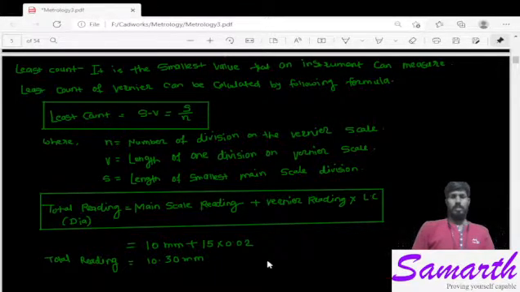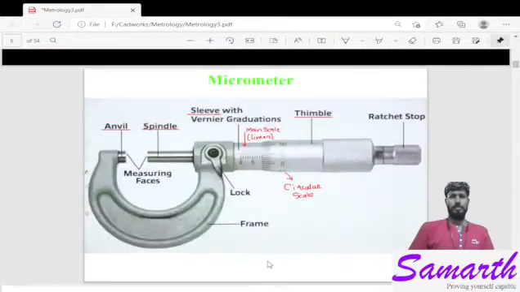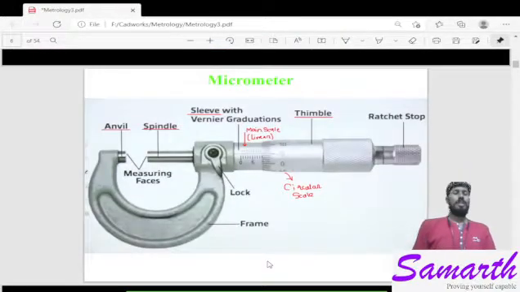So we have seen this slide. The next instrument is the micrometer. Here in the figure you can see the nomenclature along with the main scale as well as the Vernier scale or micrometer scale.